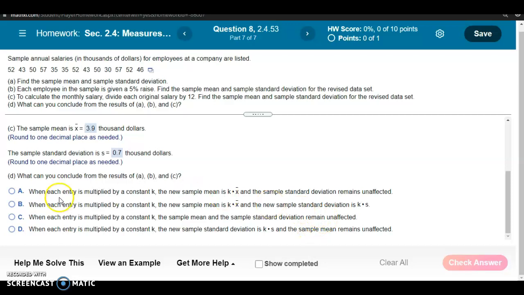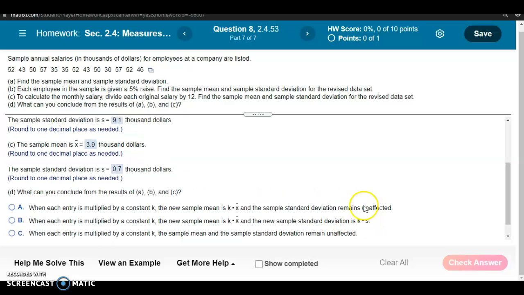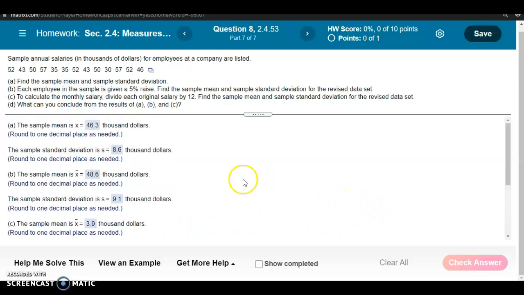What is the case is that when we multiply every data value in our data set by some constant or divide by some constant, the new sample mean is that constant multiplied by the sample mean of the original data set. That's what this says. And likewise, the new sample standard deviation is whatever that constant was, multiplied by the standard deviation of the original data set. And that's what we observed.